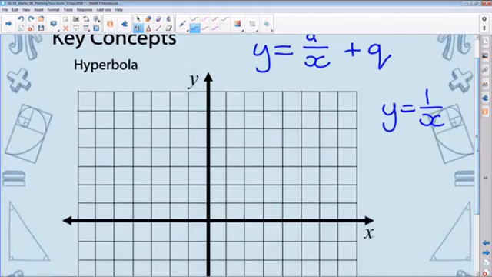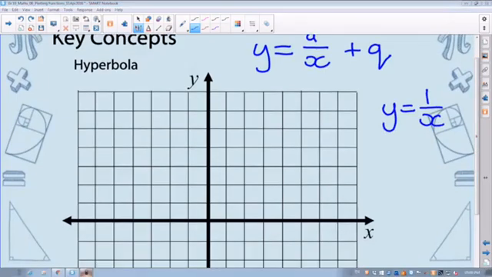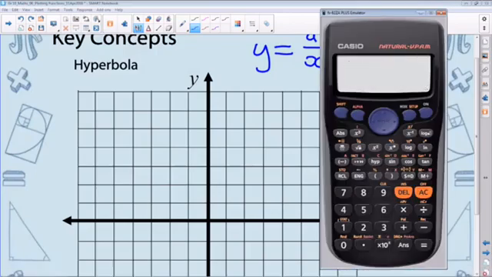And once again, I am going to use the calculator to do this. So let's start by putting in a fraction, 1 at the top and x at the bottom. And press equals. We're not working with g of x. Let's start at negative 4, and we're going to end at 4. And let's go up in halves.